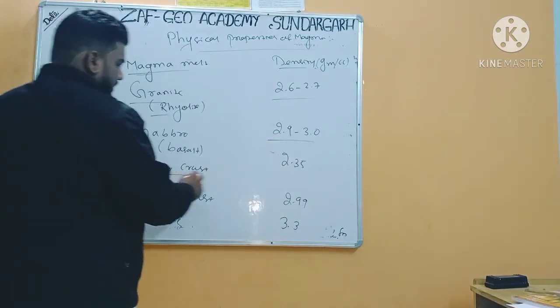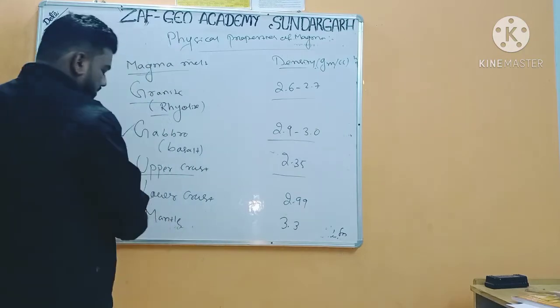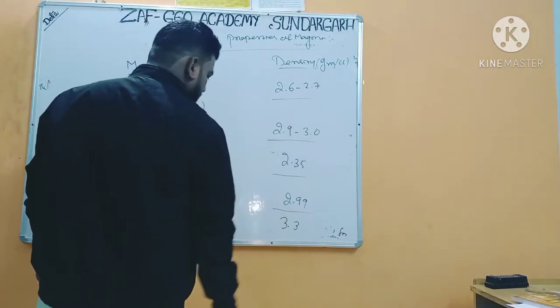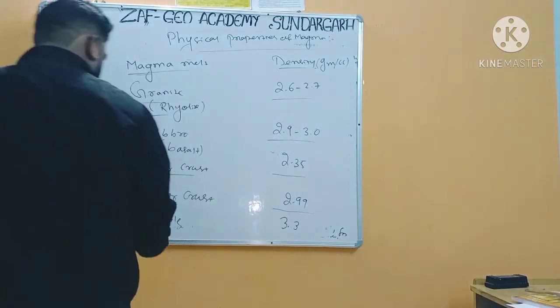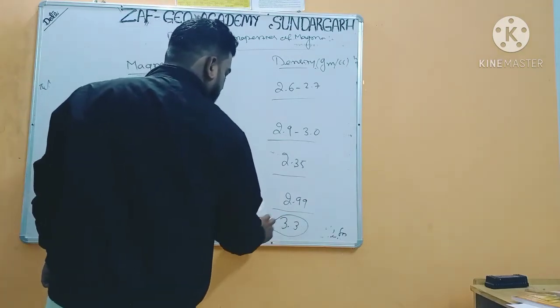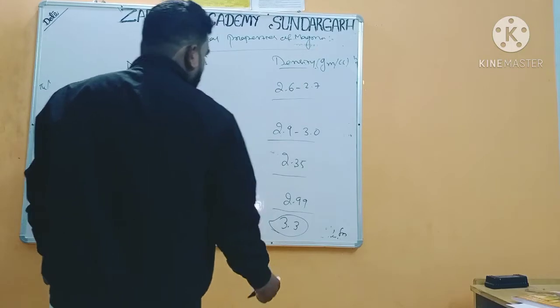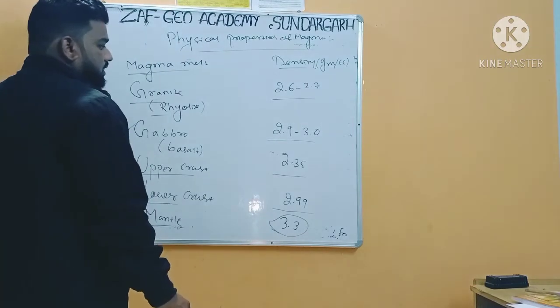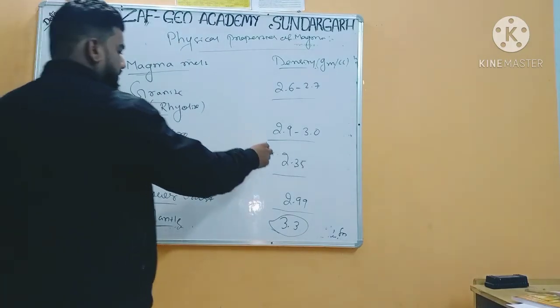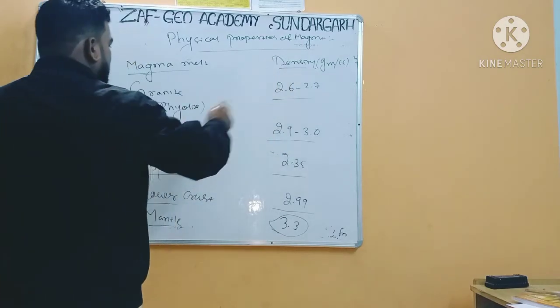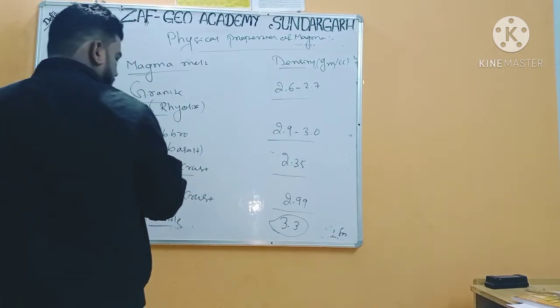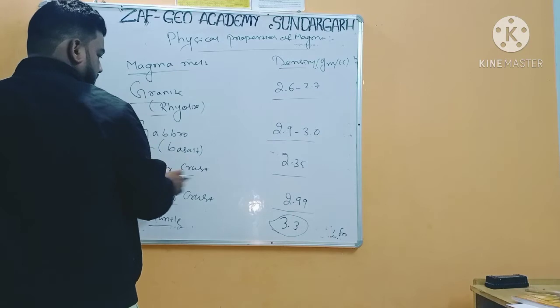The density of the upper crust is 2.35, the lower crust is 2.99, and the mantle is 3.3. The density of the mantle is highest here, and the lowest density is 2.35 to 2.7, that is granitic, or the upper crust.